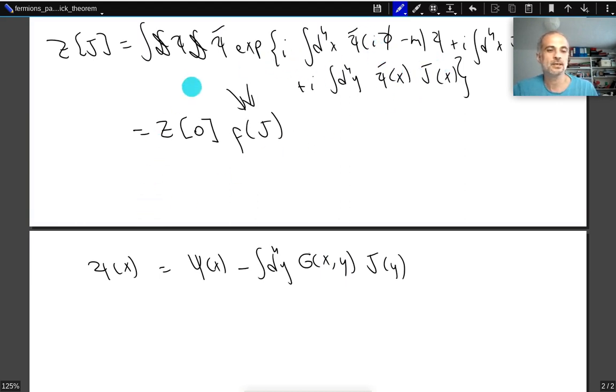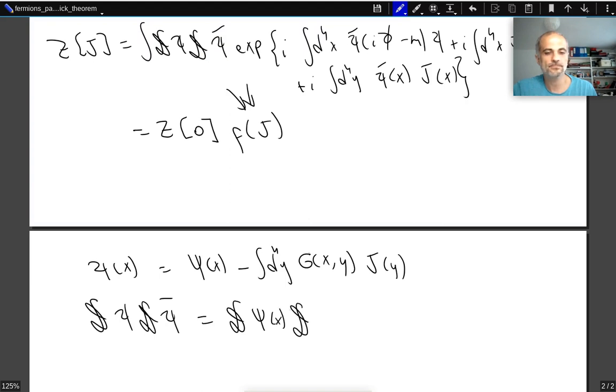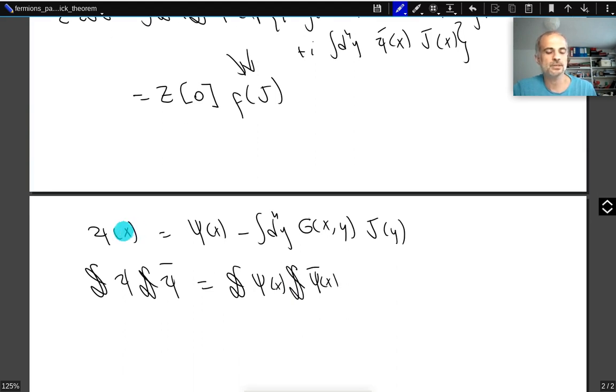I already know that this measure will be invariant under this transformation, so this measure of the path integral just becomes epsilon x psi bar of x. Now we know this because at every point x, this is just a constant independent of the field, so it doesn't change the measure.